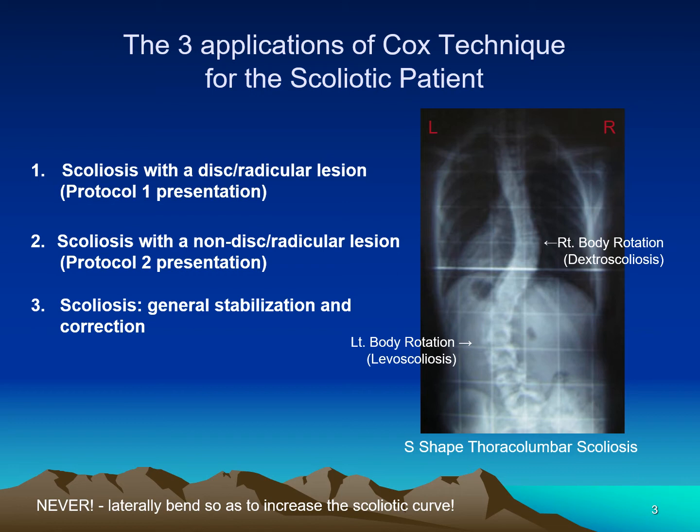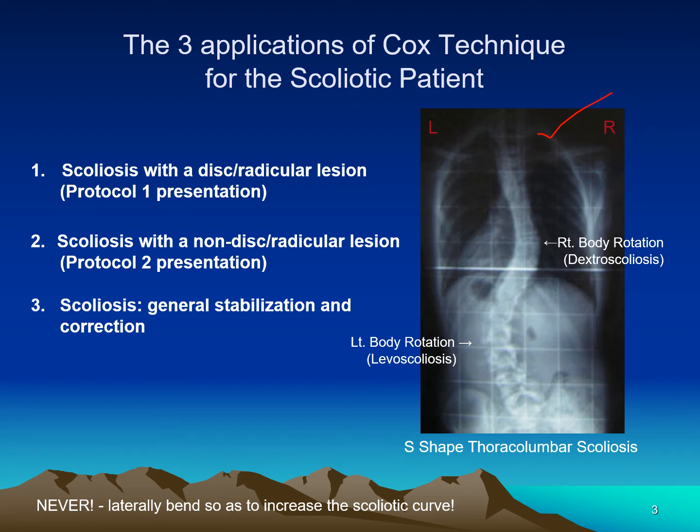And upon x-ray, you notice that they have a scoliosis. So let's say this is their x-ray. And so you can see the lumbar spine lateral curvature goes to the left. That is known as a levoscoliosis. And then the thoracic lateral curvature goes to the right. That's a dextroscoliosis.